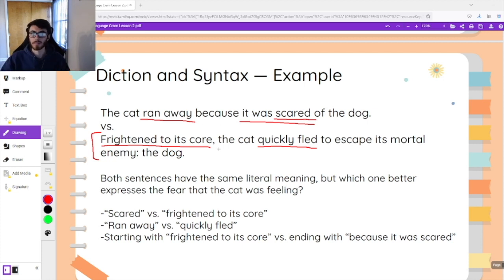This same concept can be applied to persuasiveness as well. The words and phrases that you choose and the way that you choose to order or arrange those words and phrases can make your writing more or less persuasive. The same way that, in this example, the diction and the syntax made the author's writing more or less effective in conveying a certain emotion.